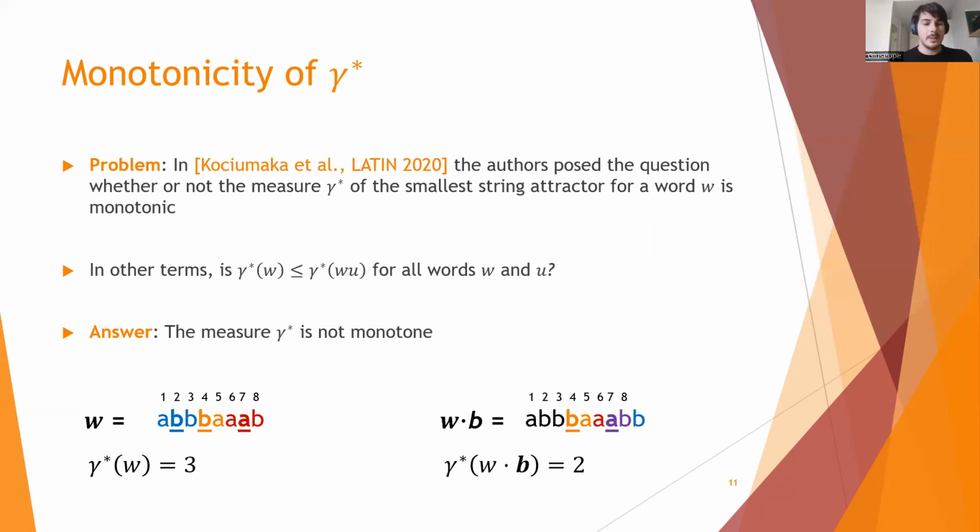However, if we append B, then we can see that the factors ABB and AAB overlap in between positions 7 and 8. So by keeping position 7, we can avoid storing position 2 as a string attractor position, and therefore the size of our smallest string attractor has decreased.